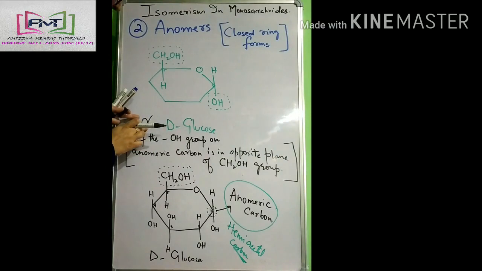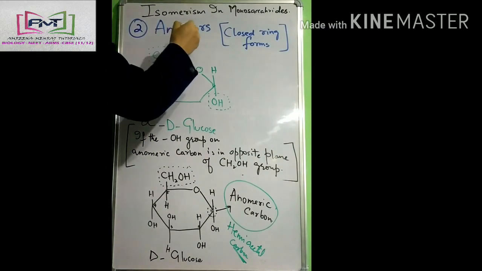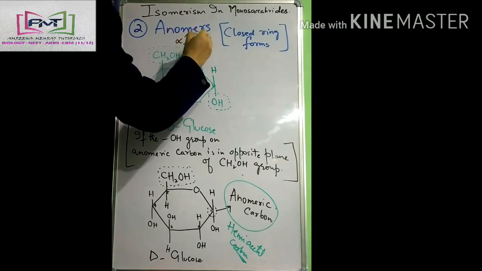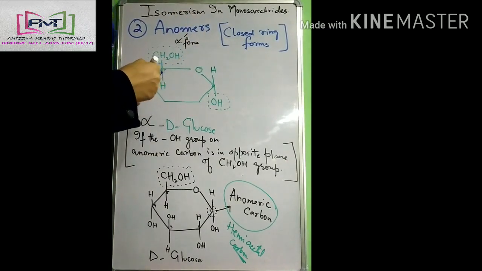So you have one form which is called the alpha form. So anomers are of two types. Can you guess about the opposite?